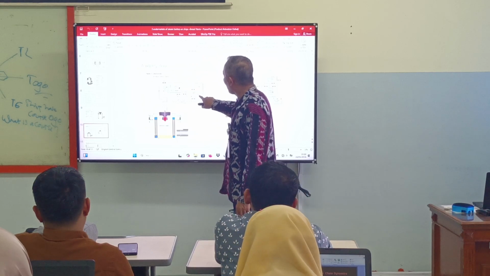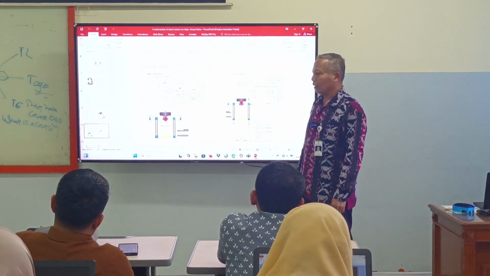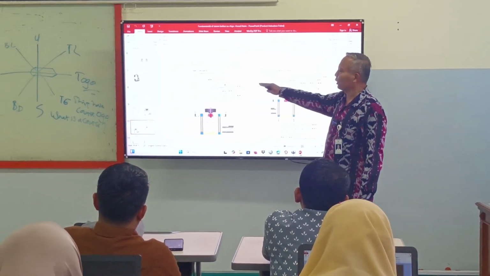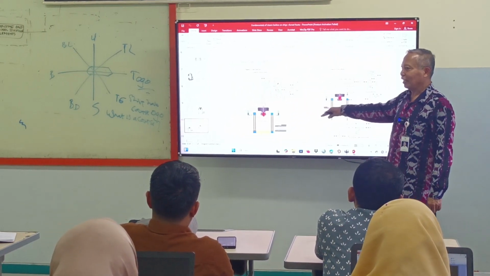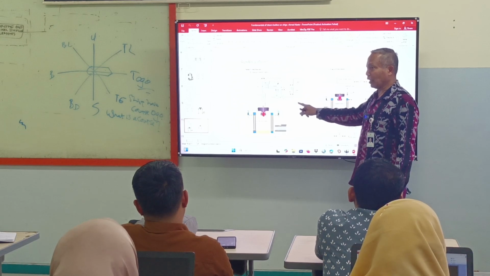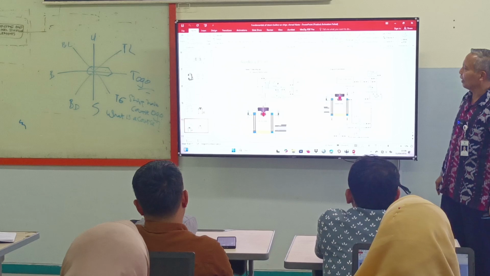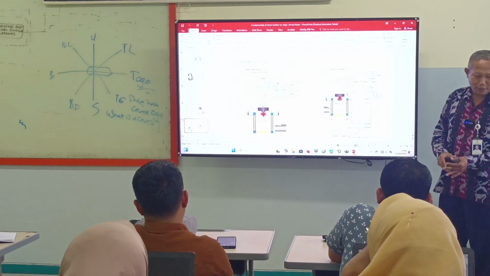Diesel oil tank and heavy oil tank. But PIP Semarang does not have heavy oil. Diesel oil service tank and settling tank.